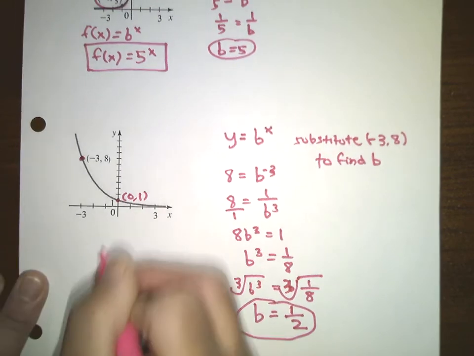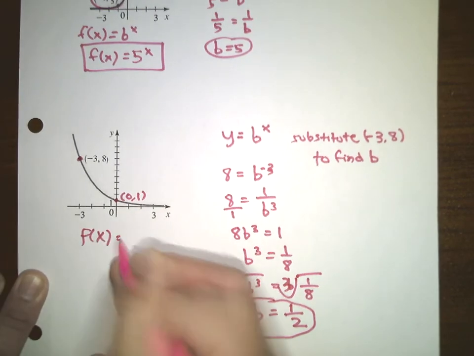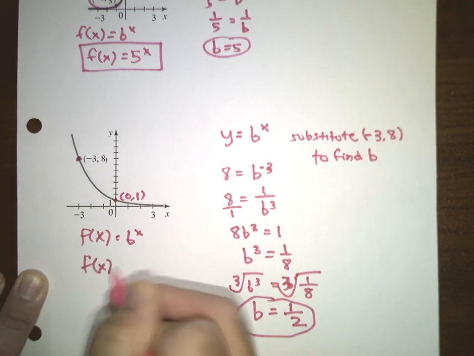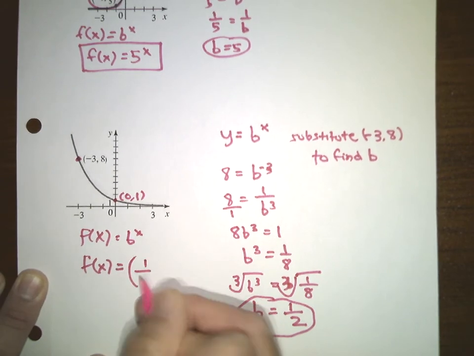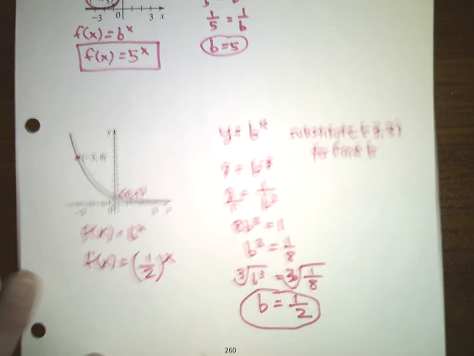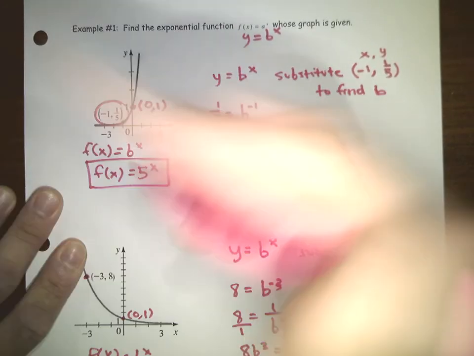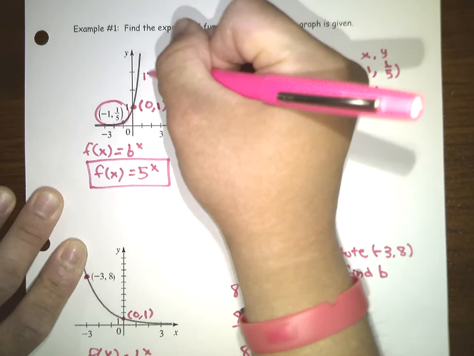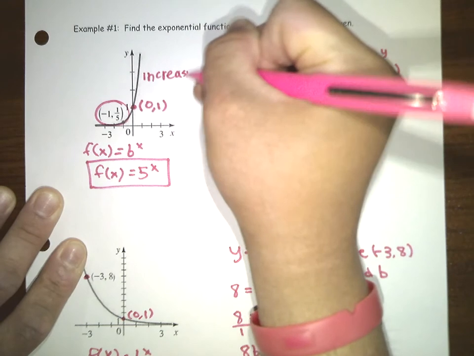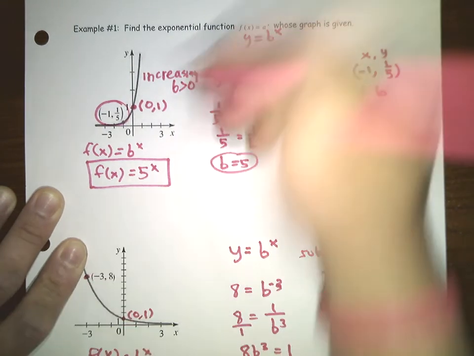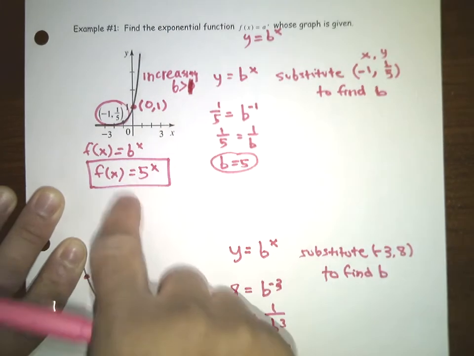So then that means f of x is equal to b to the x, which is f of x equals 1/2 to the x. Now, one thing that I should note is that this graph was increasing, so I knew that the b needed to be greater than 1, and it was 5.